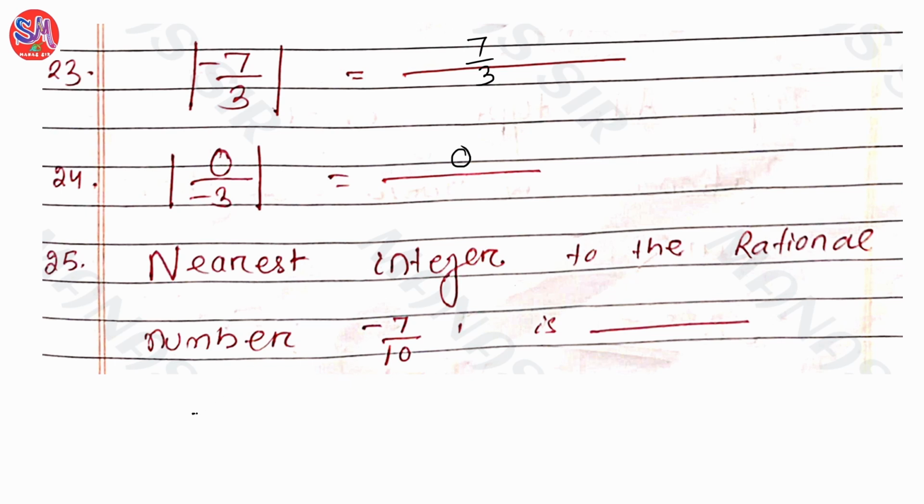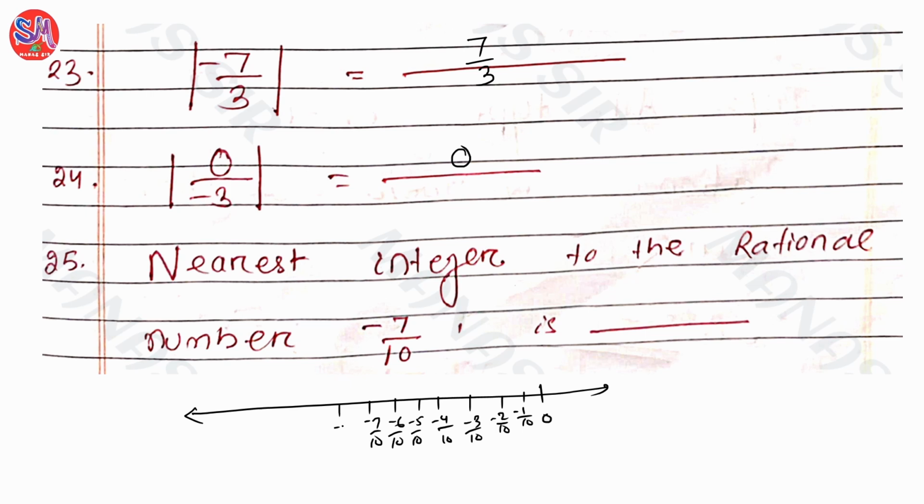The nearest integer to the rational number minus 7 by 10. Okay, so first draw the number line. Here is 0, minus 1 by 10, minus 2 by 10, minus 3 by 10, minus 4 by 10, 5 by 10, 6 by 10, 7 by 10, 8 by 10, 9 by 10, 10 by 10, that is minus 1.